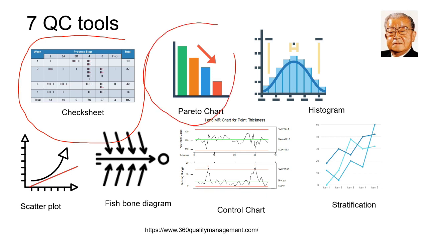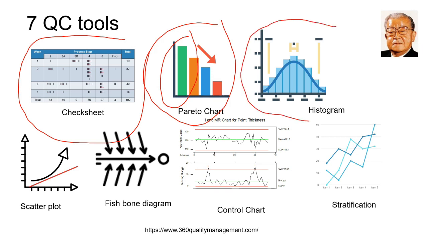Second is the Pareto chart, which is a bar chart arranged in descending order based on the magnitude of the data to know the vital few, such as the defect symptom.